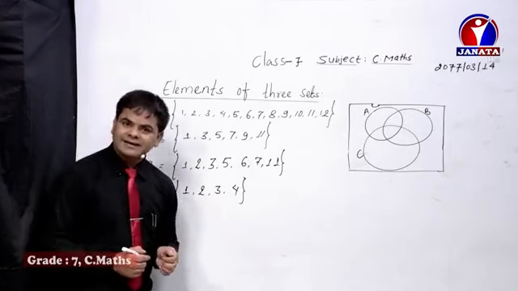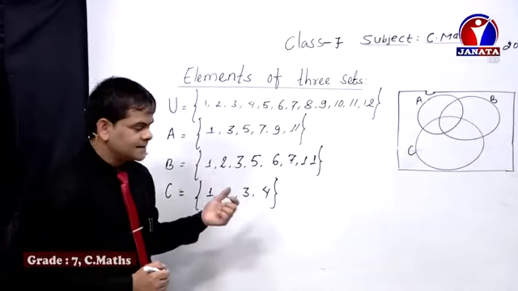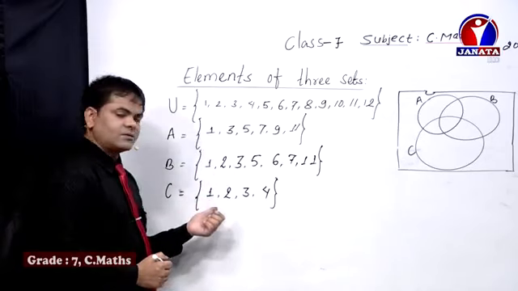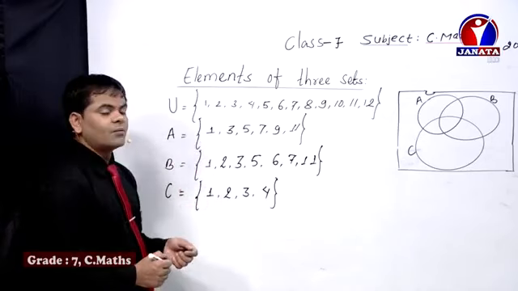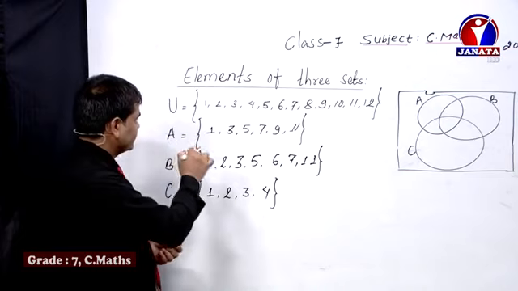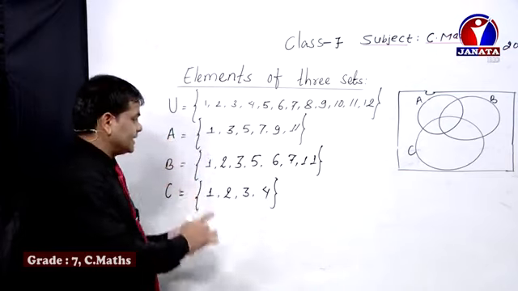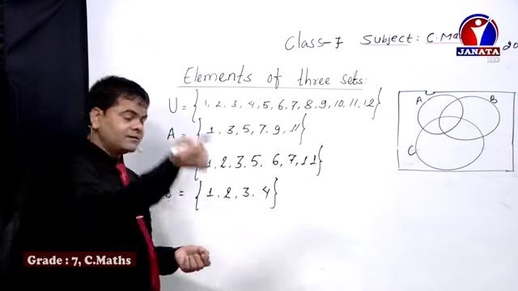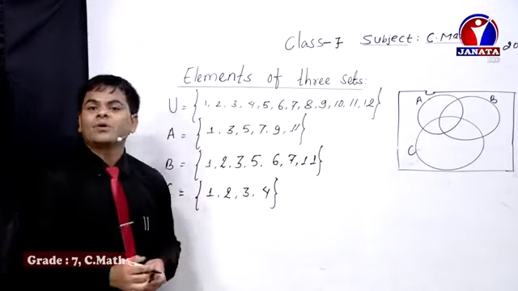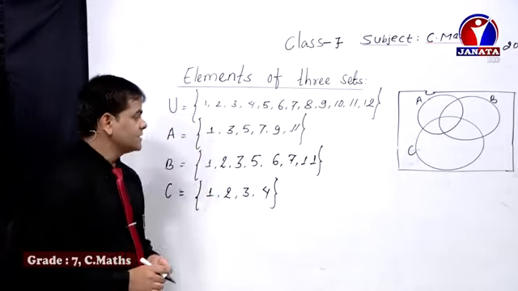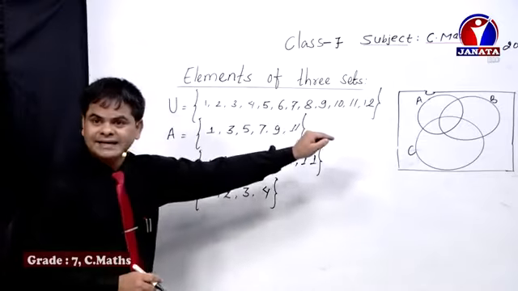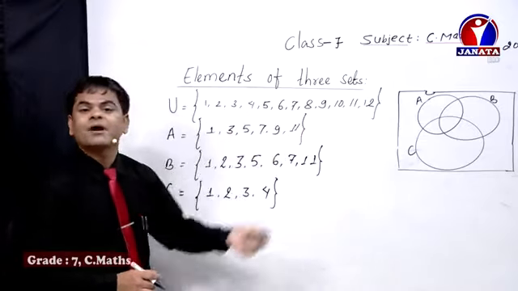So we need to finalize at first the common elements of all three sets, take one element, keep it there and tick it here, so that there won't be any confusion, because an element which you have already kept, you don't need to keep again.